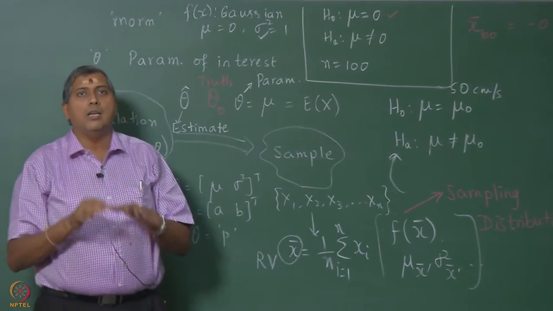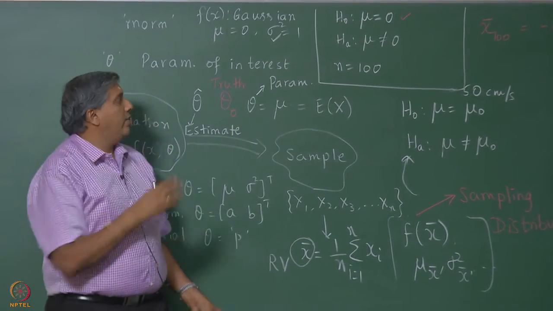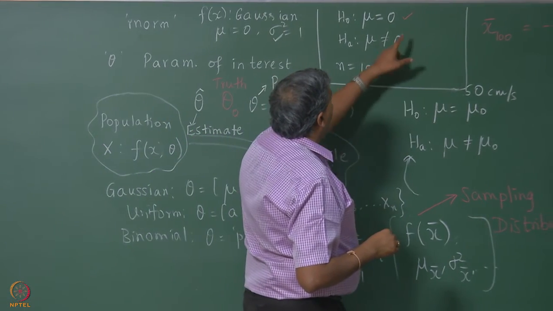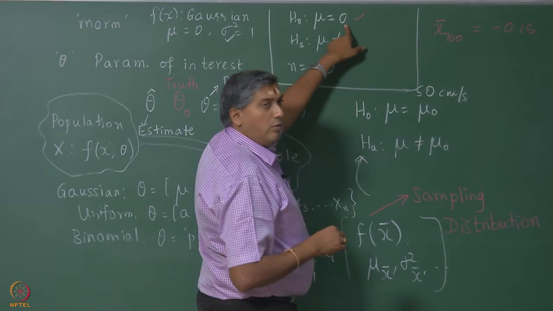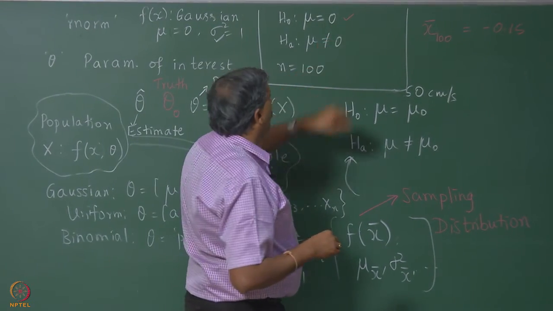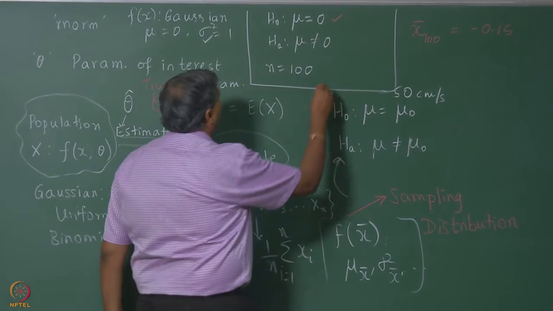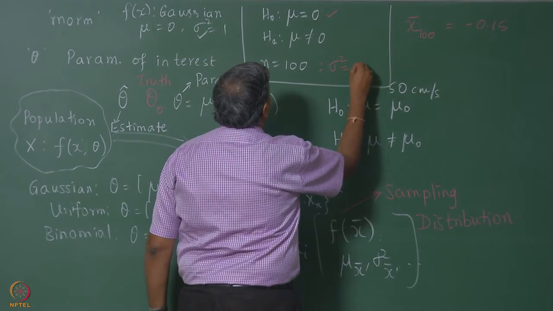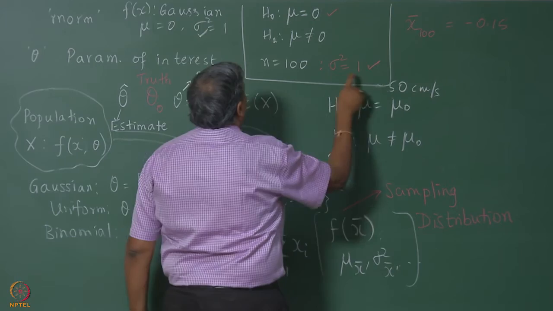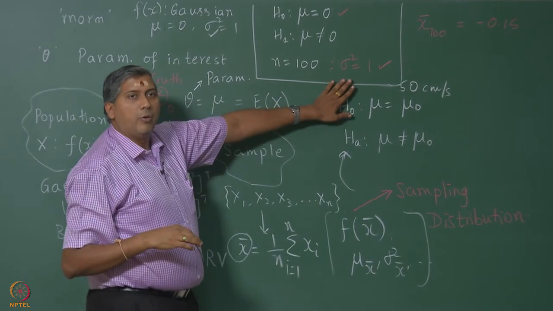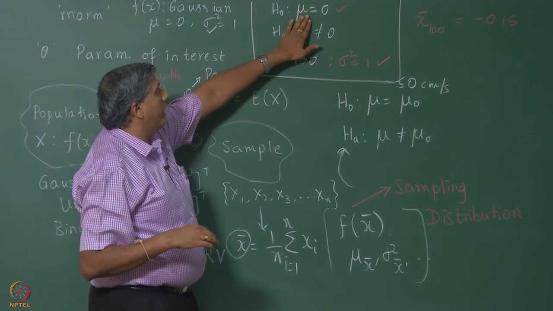Let us say whatever R is claiming is correct, all right. Then we ask, if this is true, that is I have n equals 100 and I am also given that this is correct. So, I know this is correct, this is what I have collected, so there is no uncertainty about this, and this is what I am going to test.